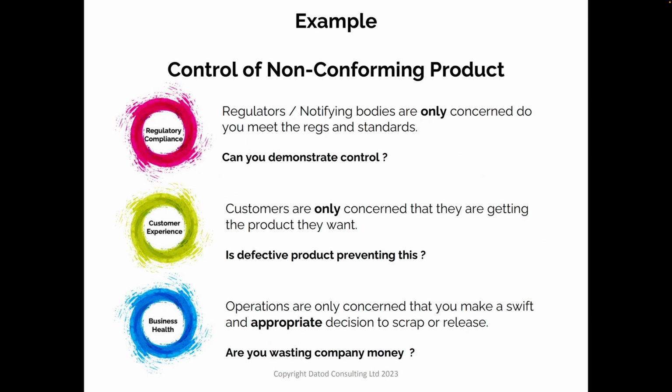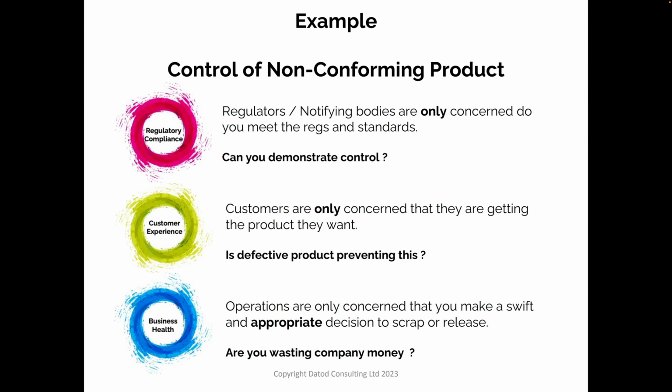So if you go back to a more specific example, take one very specific example around an aspect of the quality system: the control of non-conforming products. Many regulatory standards have this. The FDA has an expectation that you control product that's either defective or non-conforming.